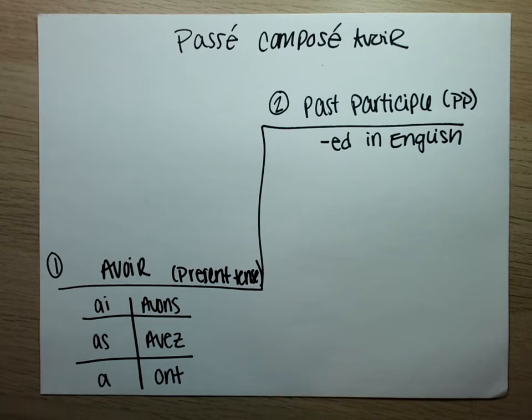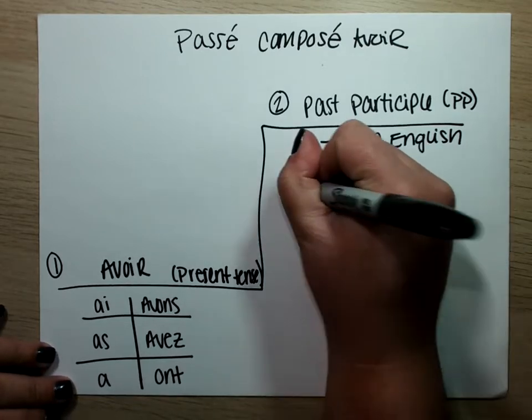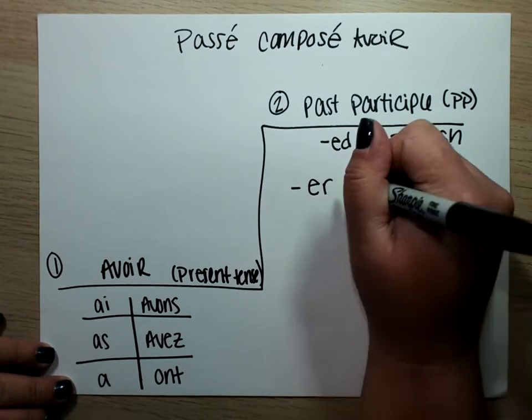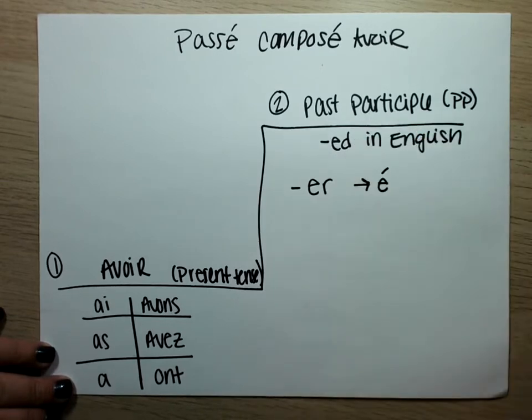of this before we start talking about the passé composé être, because we're going to need to add on another step. So basic endings in passé composé: if your verb ends in ER, it's going to change to accent aigu.